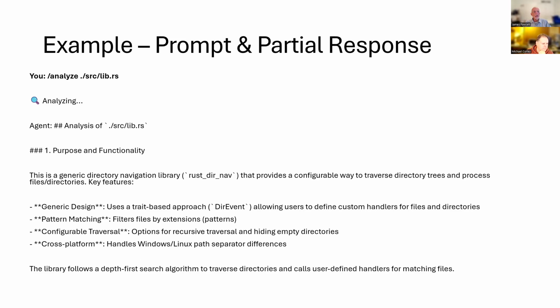So basically, here I've run the agent, and it's come back to me with a prompt, and here I'm picking one of its functions, analyze, and I tell it to analyze this Rust library. And it does that analysis of source lib.rs, and now it's beginning to give me the response. Here's its purpose and functionality, and here's some things about that. And then it goes on to give me more details about what it liked and didn't like about this particular library.